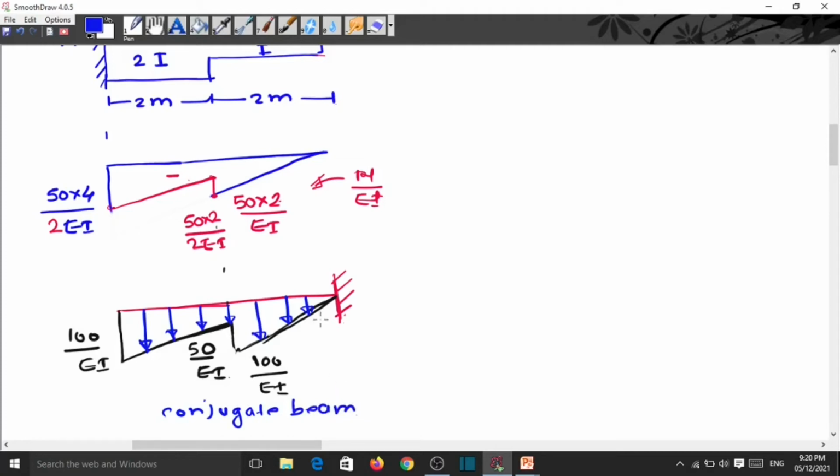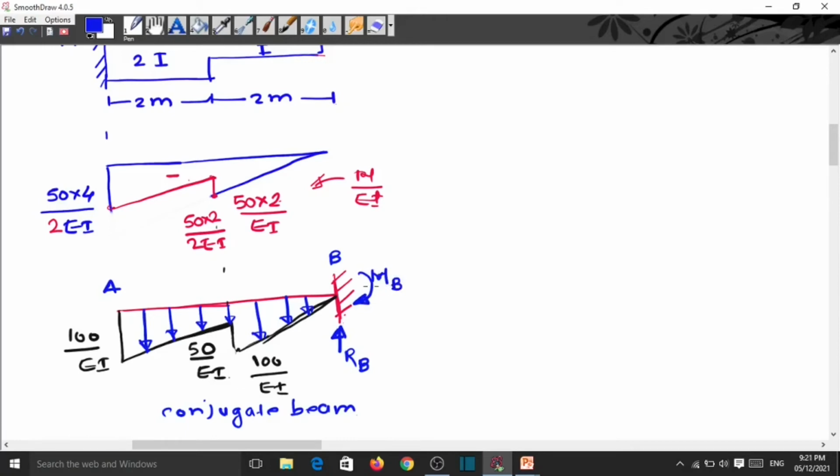Now here we first find the reactions. This is A, and this we know is B. This is a vertical, downward load, so the reaction is upward, that is RB. Now this creates an anti-clockwise moment, so we assume the direction of the fixed moment MB is clockwise.